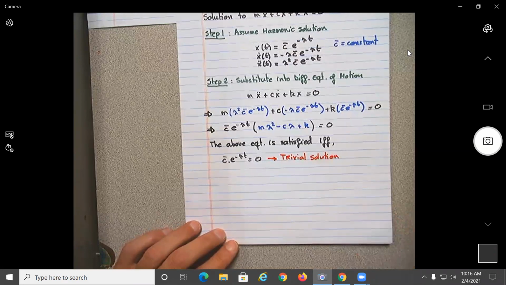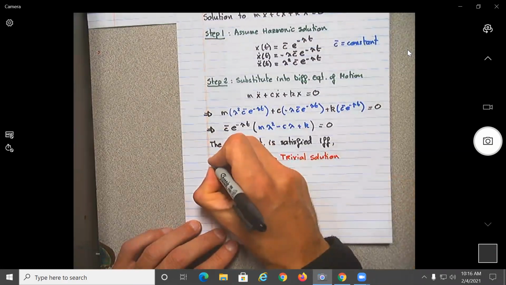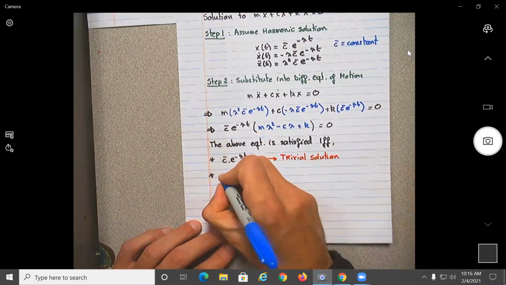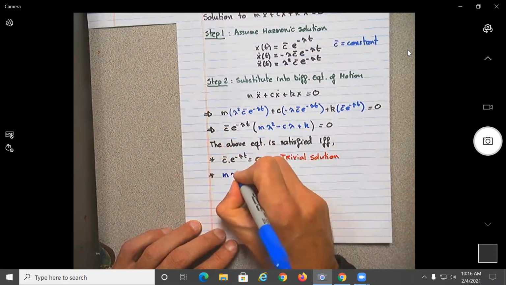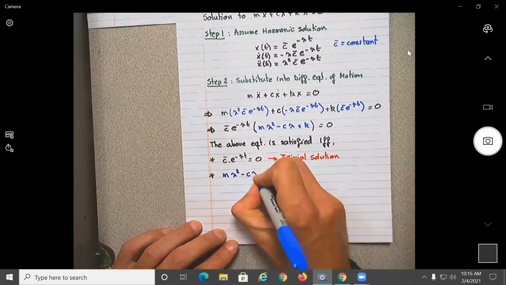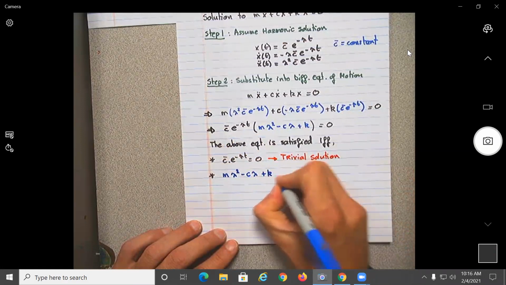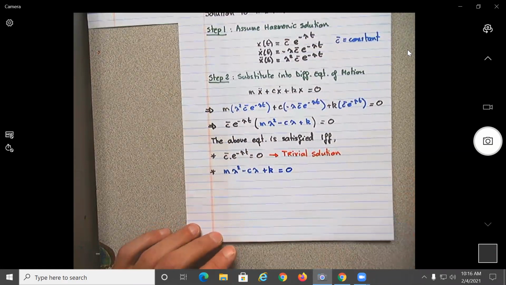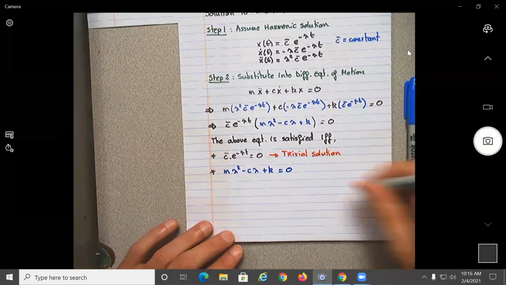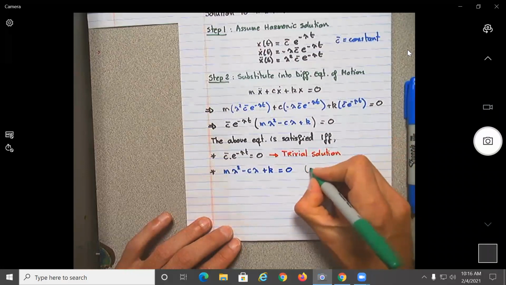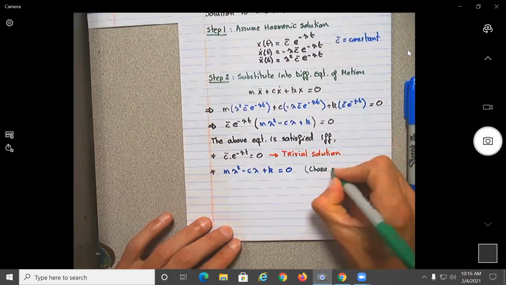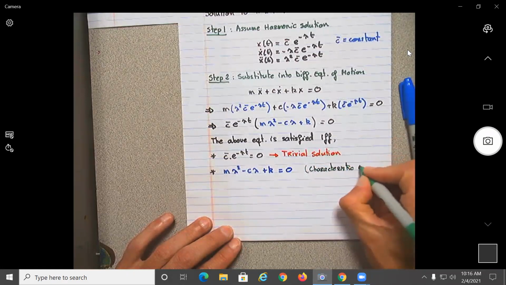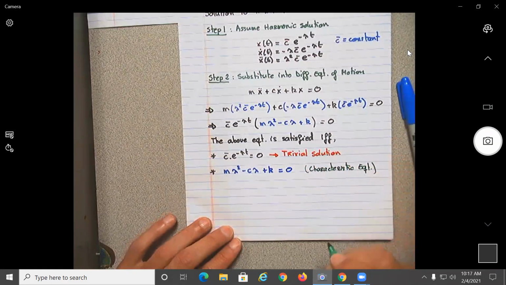Okay, and the second case will be when m lambda squared minus c lambda plus k equal to 0. So like I said before, this is known as the characteristic equation.